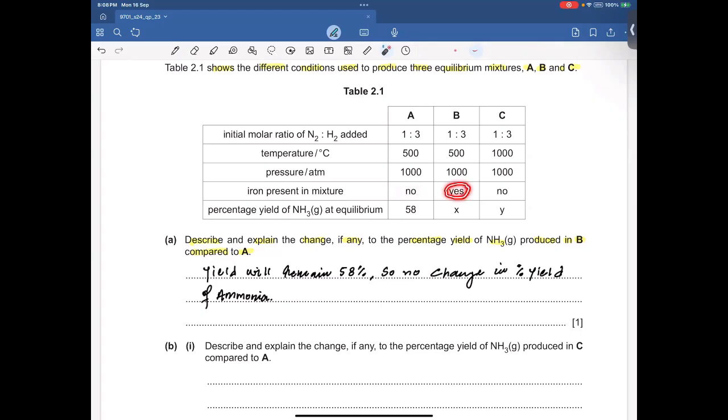So one more thing, catalyst has nothing to do with the equilibrium yield, okay? Which I need to mention here also. Catalyst has nothing to do with percentage yield. Catalyst only increases rate of reaction.